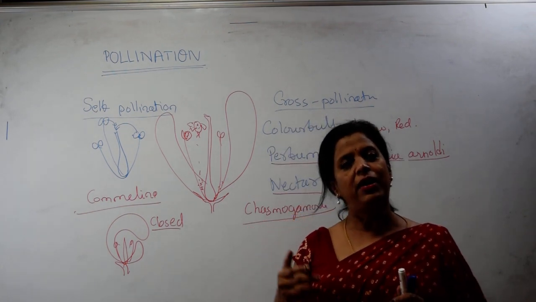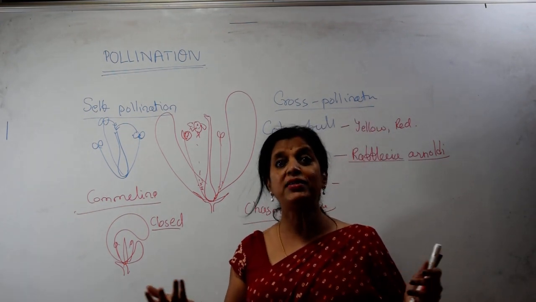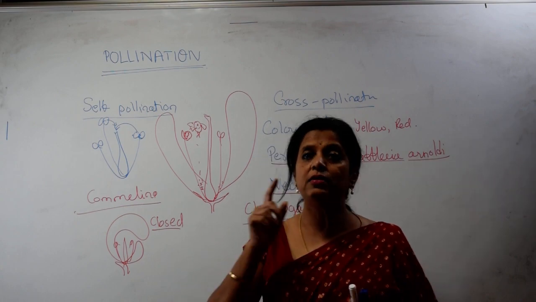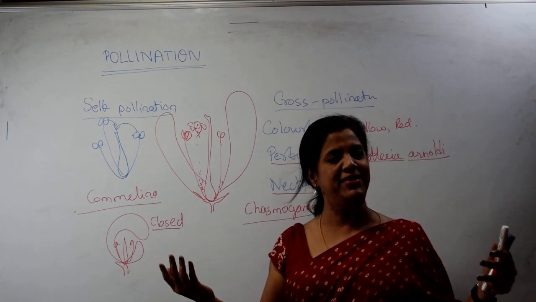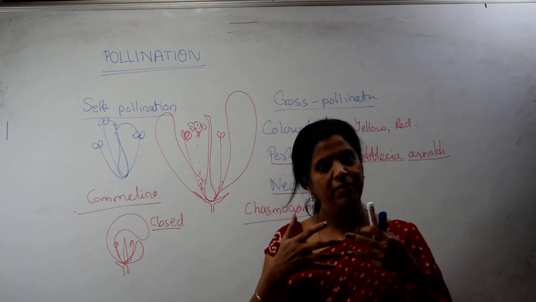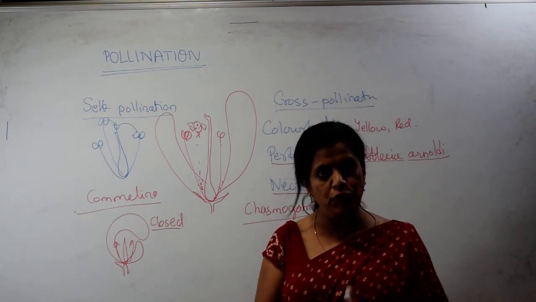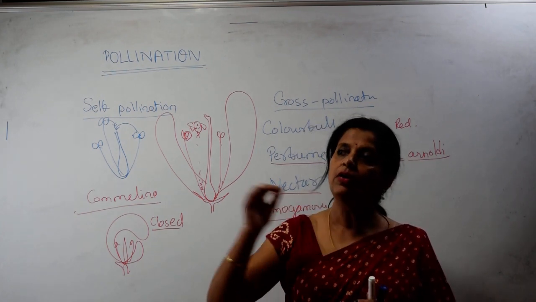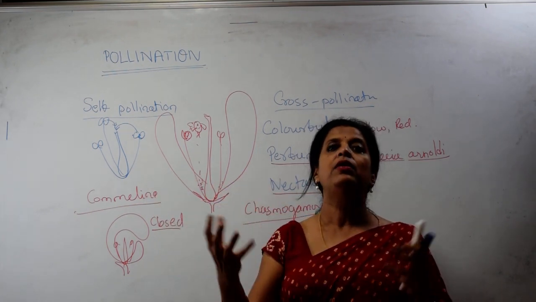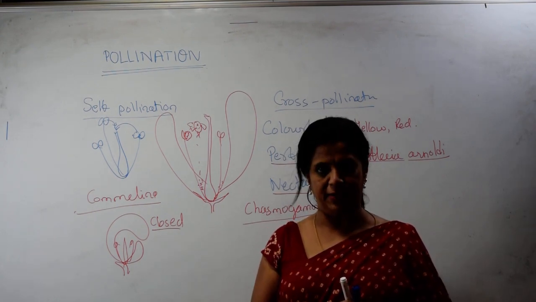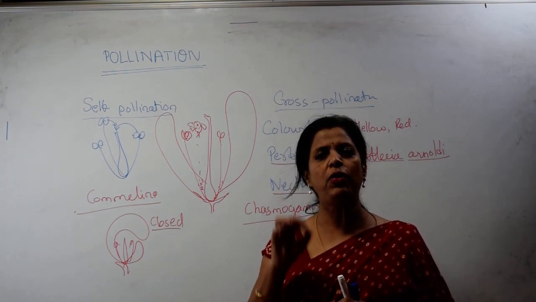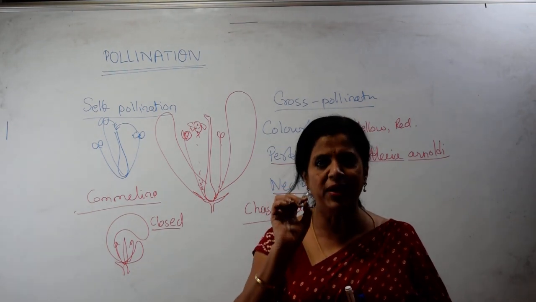Hybrid vigor is otherwise called heterosis. What is heterosis or hybrid vigor? It is the superiority of the offspring over their parents. If two distant parents get fertilized or married and produce a child, the child will have the superior characters from both of them. Therefore, it is called hybrid vigor. Cross-pollination always leads to hybrid vigor.